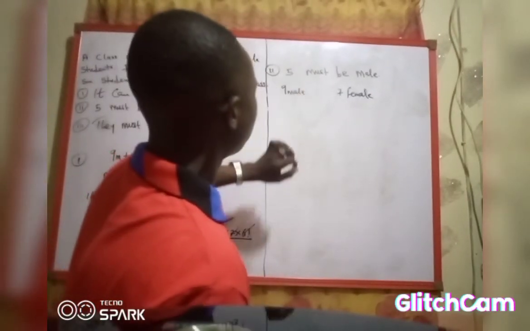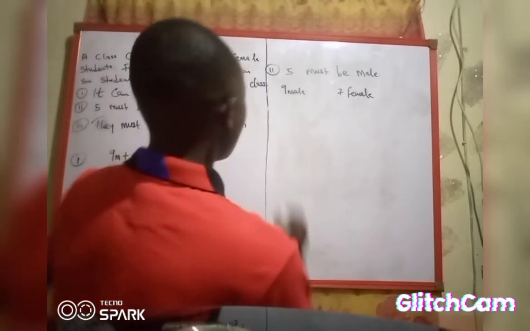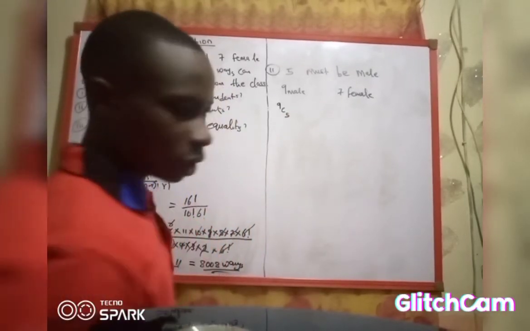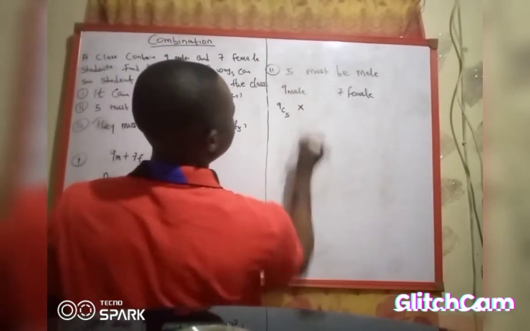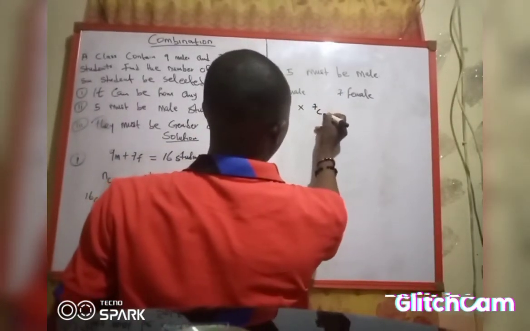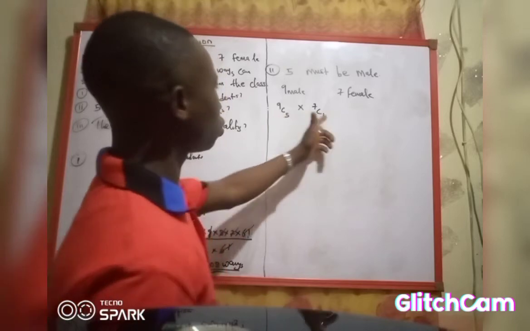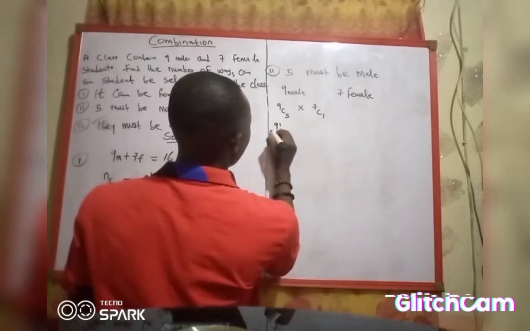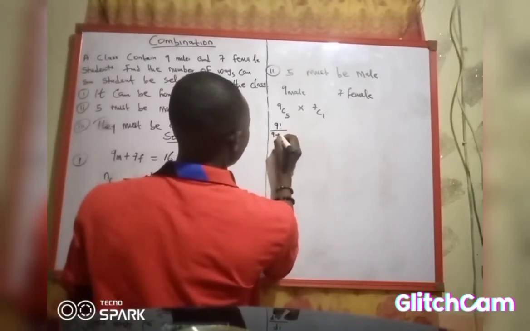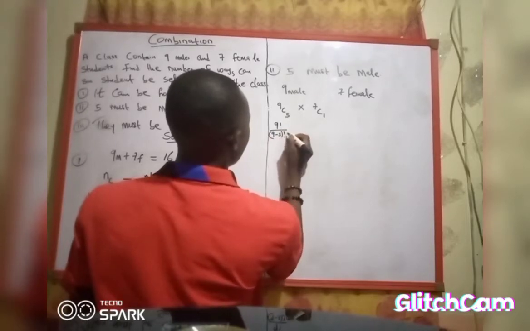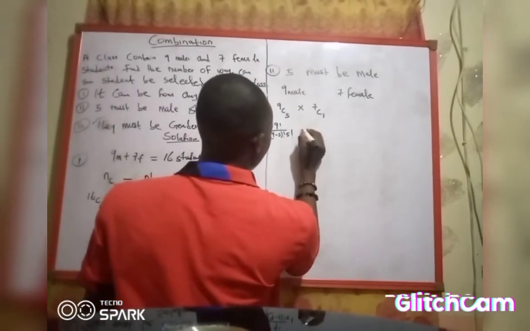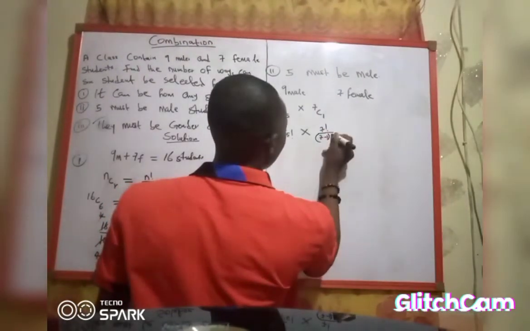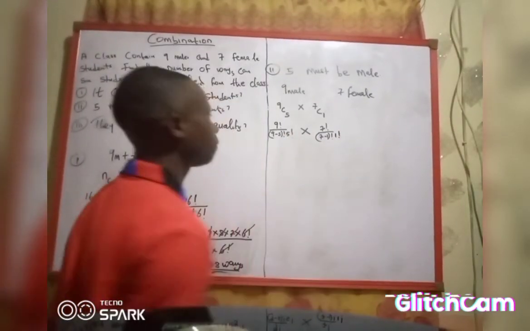So we are selecting 5. The question says we should select 5 from male. I have 9 combination 5 multiplied by 7 combination 1. So that is the 6 they asked us to select. So 9 combination 5 is 9 factorial all over (9 minus 5) factorial times 5 factorial. Then this multiplication, then 7 factorial all over (7 minus 1) factorial times 1 factorial.